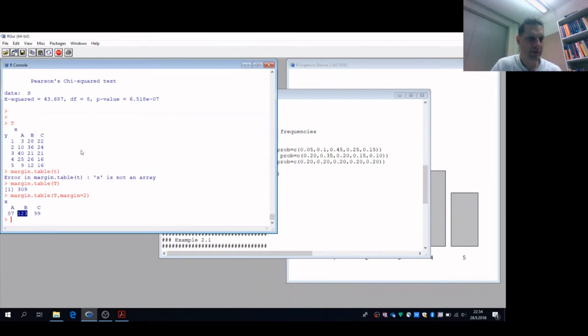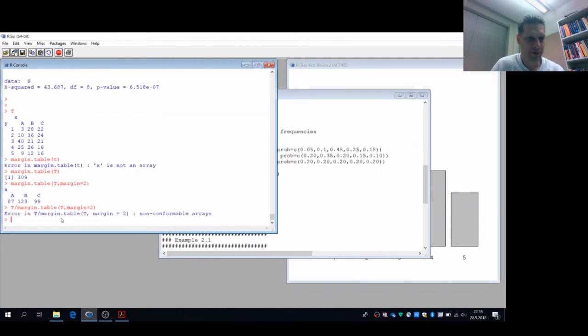So obviously, if we take the T and divide it by just this margin table, we could get these sort of relative frequencies in this way.